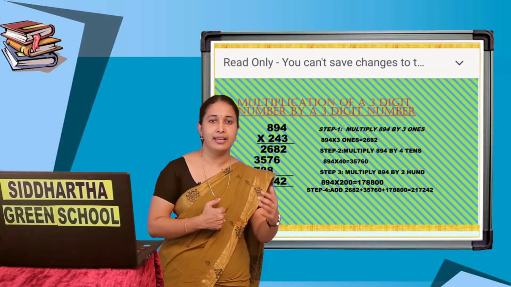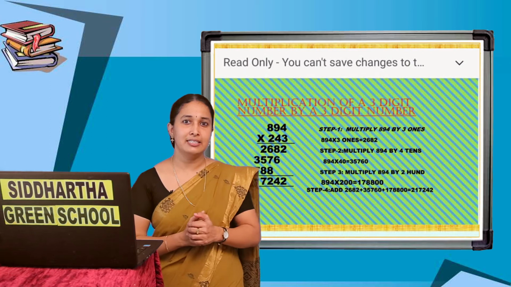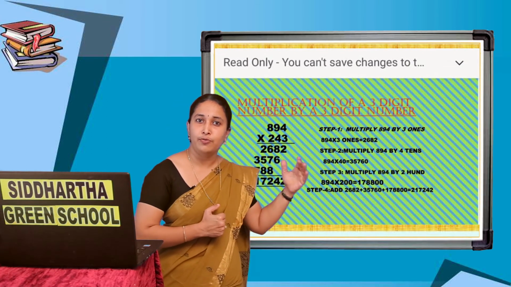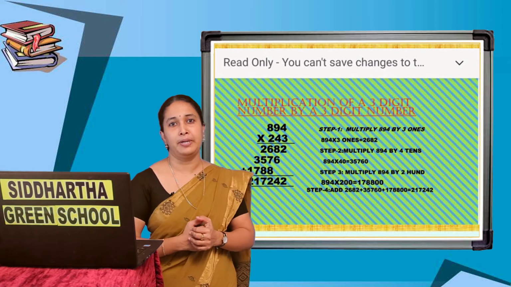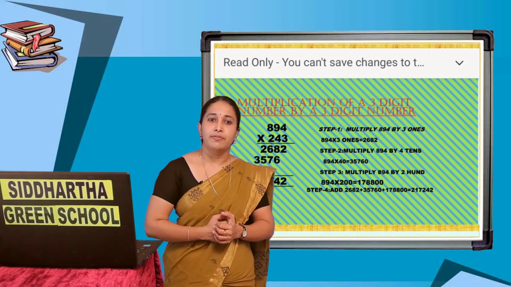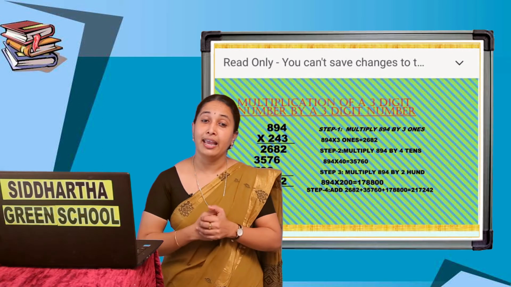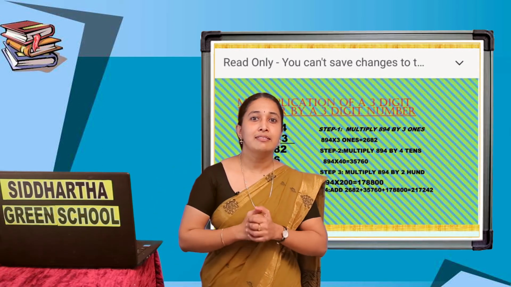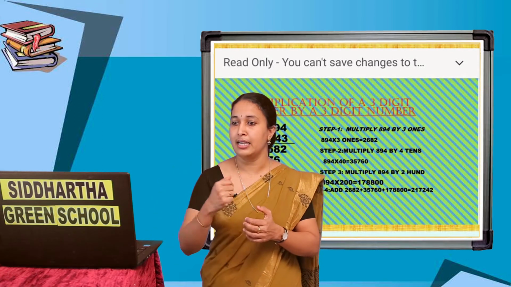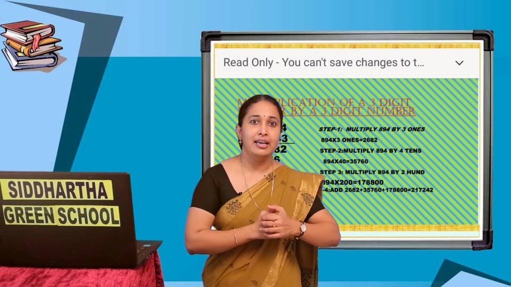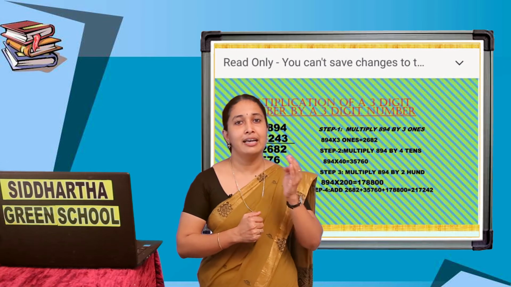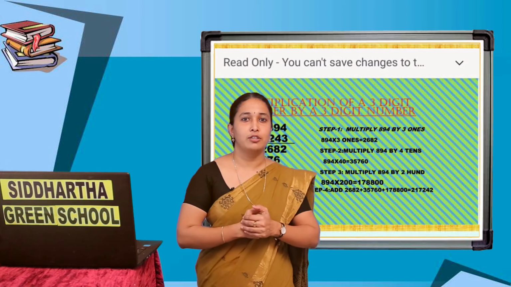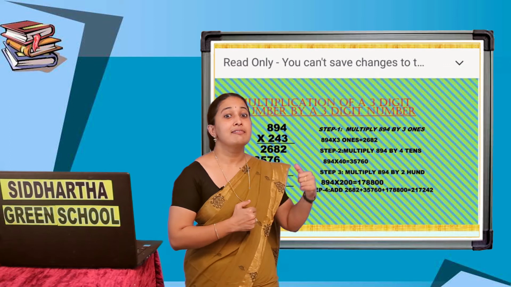The multiplicand and the multiplier are both 3-digit numbers. 894 is the multiplicand and 243 is the multiplier. So first we are going to multiply 894 by 3 ones. Here the number 243 is equal to 2 hundreds, 4 tens and 3 ones.